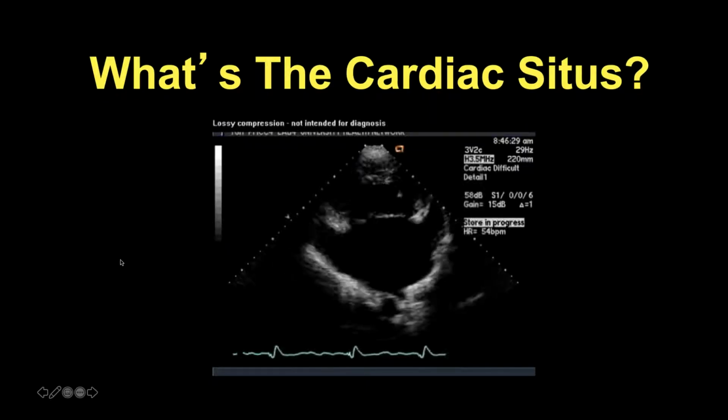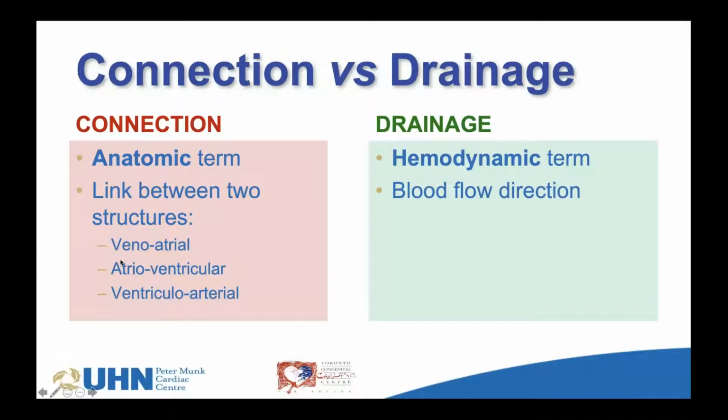This brings me to another term to clarify the difference between connection and drainage. Connection and drainage are different terms. They are not interchangeable. A connection describes an anatomic link between 2 structures, between the atria and the veins, or atria and the ventricles and great arteries. Drainage is a hemodynamic term. It defines a blood flow direction.